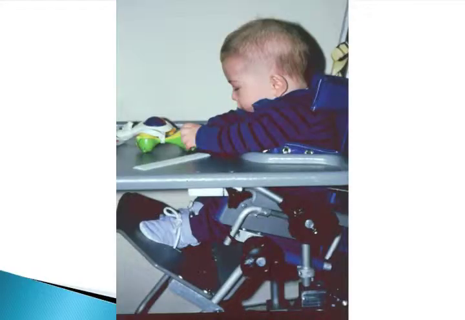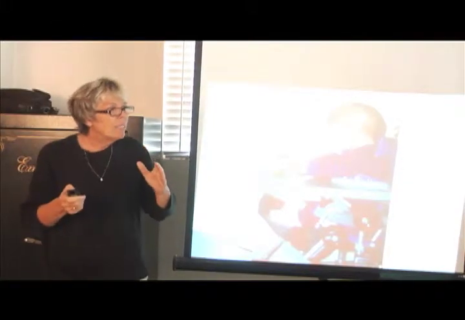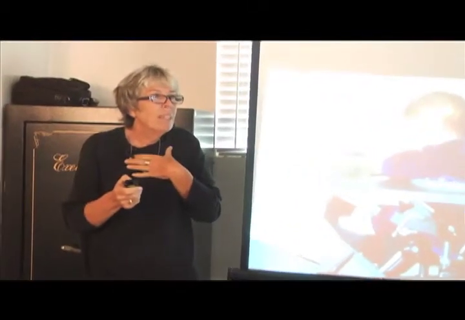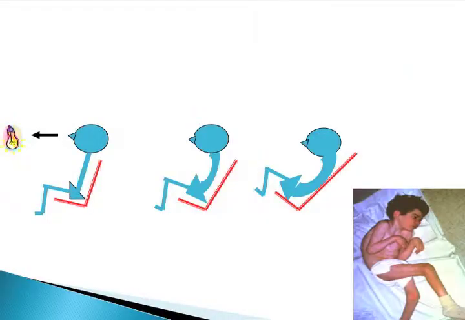So no matter how much I tilt this little boy's chair back, he's still going to come forward to optical righting. If you have one of these kiddos in a tilt chair who starts pulling forward, and then you start putting straps on him, eventually you're going to build a deformity. Does that make sense? Because their body is pulling forward.